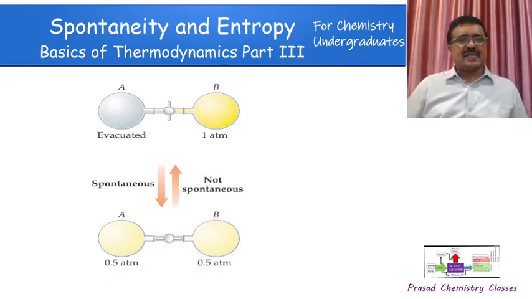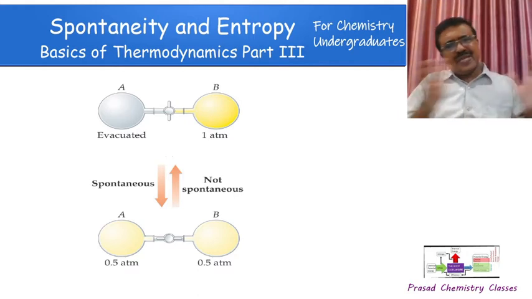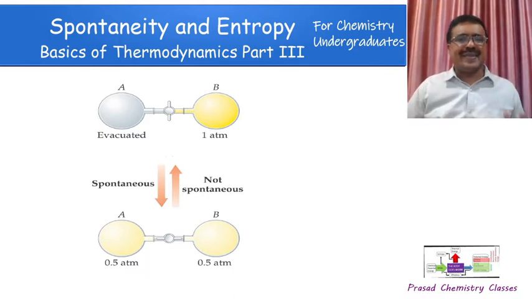Okay, another case. We have two vessels, two bulbs connected by a connecting tube and a valve or a stopper. One of the bulbs, the colored bulb, contains a gas at 1 atmosphere pressure, and if you open the stopper now, the gas will flow to the other bulb, and that flow continues apparently till both the bulbs have equal pressure, right?